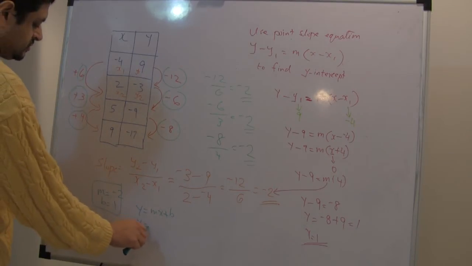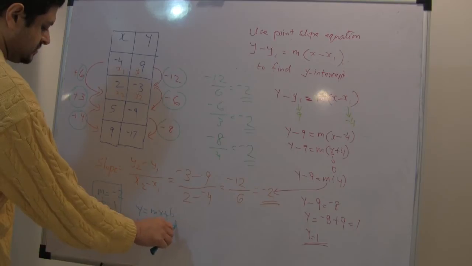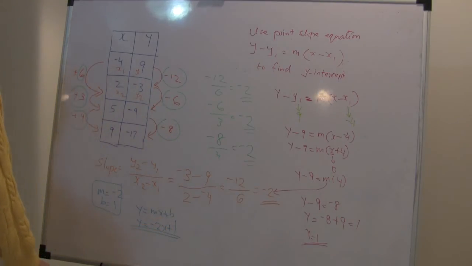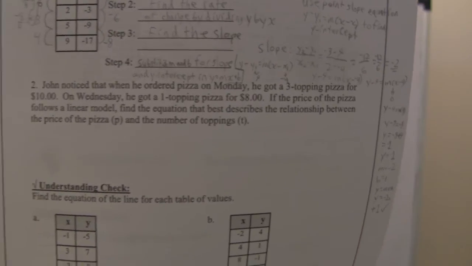So y equals minus 2x plus 1. That is the equation that we can derive from this table.